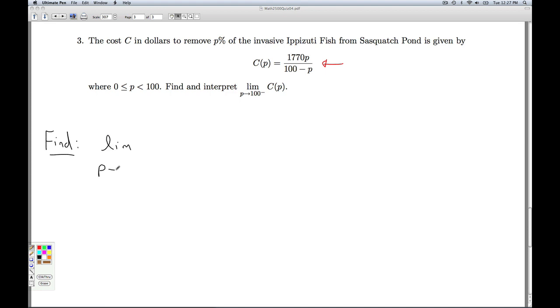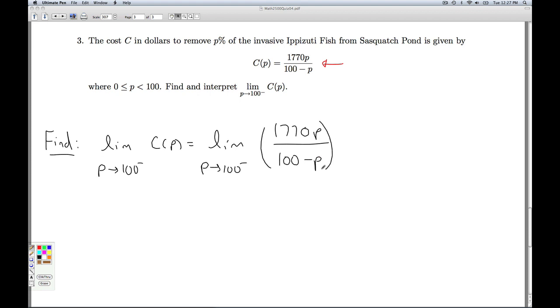Let's take the limit as p goes to 100 from the left of c of p, which is the limit as p goes to 100 from the left of 1770p over 100 minus p. First thing we do is we see if we can substitute. I plug 100 into the numerator.